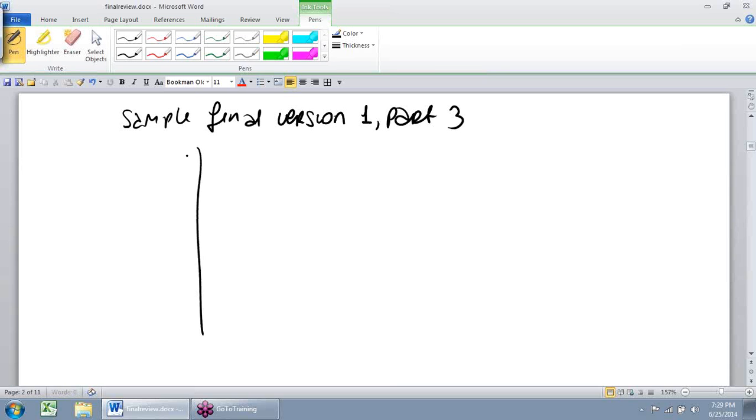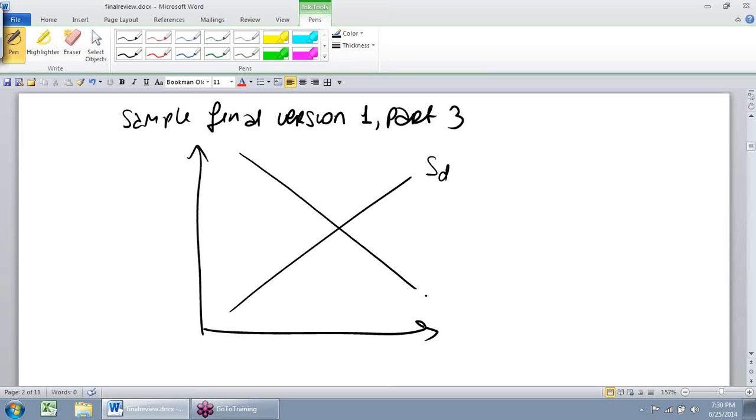So our graph here is the market, supply and demand. This supply is the domestic supply, and here is the domestic demand. And we know that this point is 80. This would be the price in equilibrium if there is no international trade.